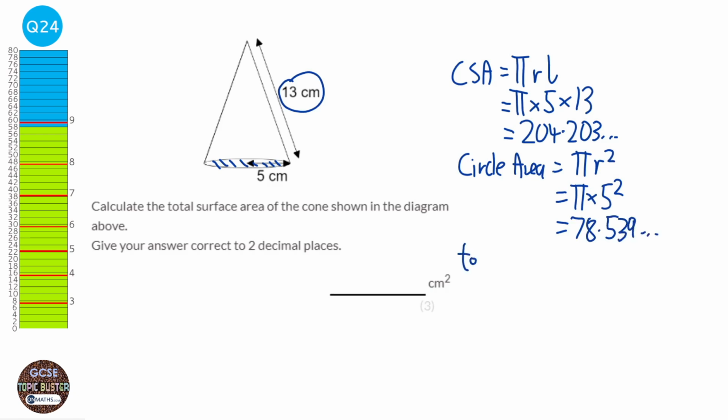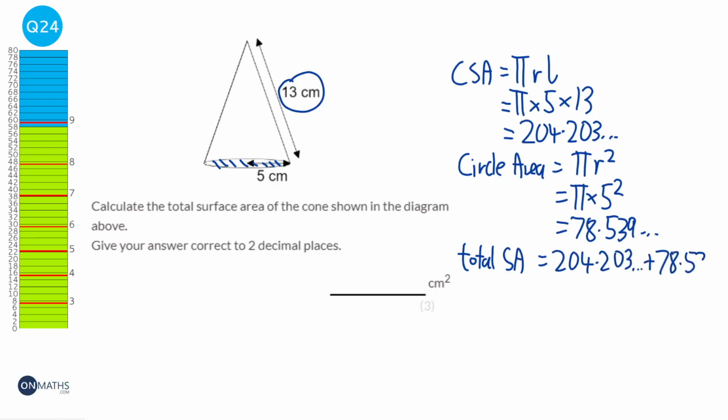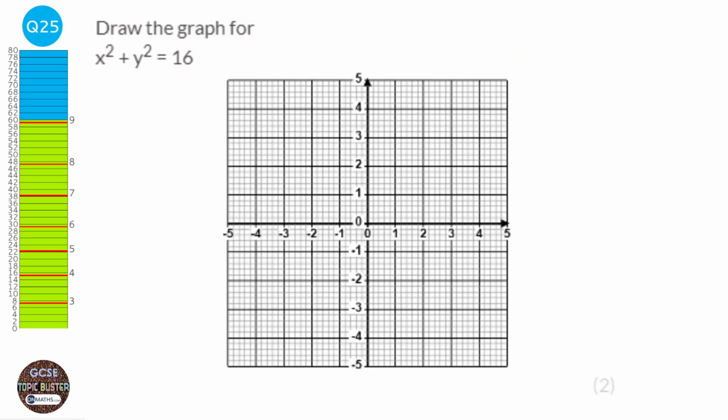And so the total surface area is just a matter of adding those together. And that will give us 282.743, blah, blah, blah. And to 2 decimal places, that's going to be 282.74.